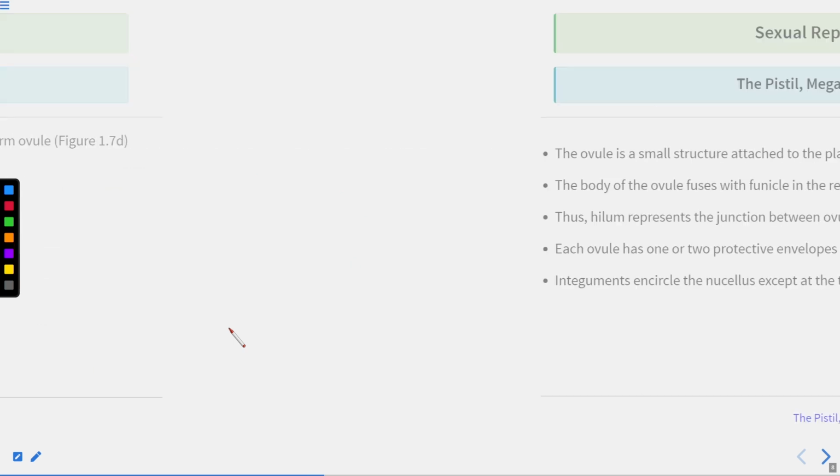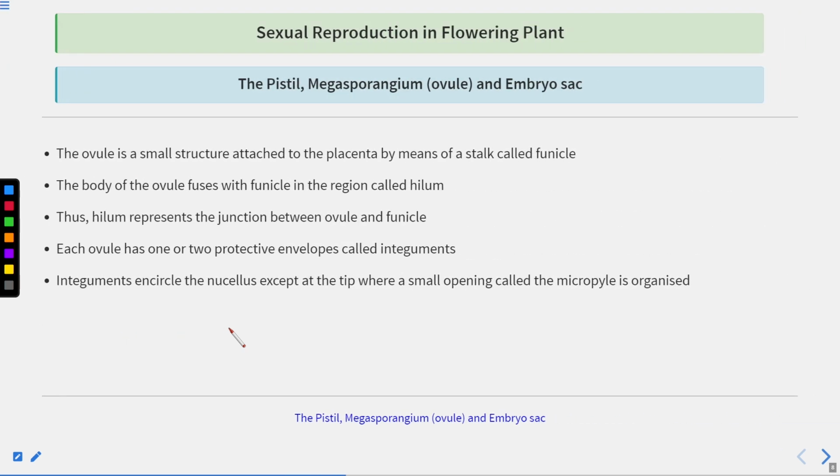Now let's move on. The ovule is a small structure attached to the placenta by means of a stalk known as the funicle. Clear? I have already shown you the funicle in the previous image. It is the stalk of the ovule, and the ovule is attached to the placenta with the help of this funicle. The ovule will give rise to seeds.